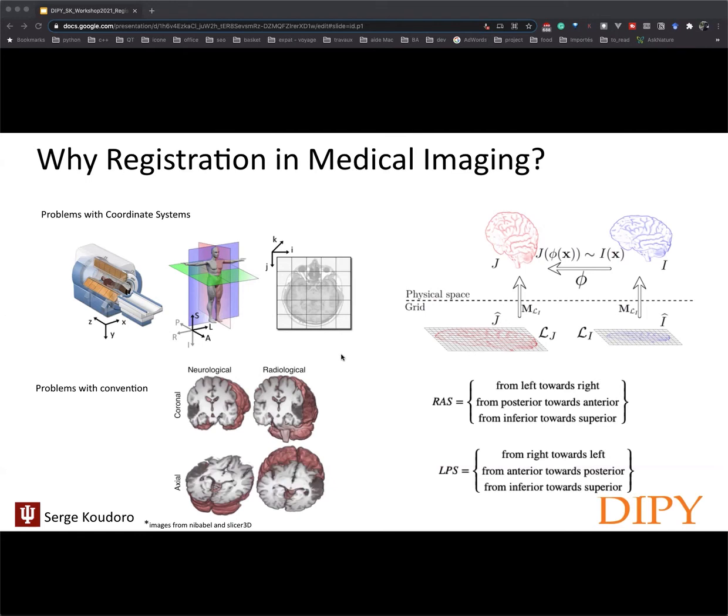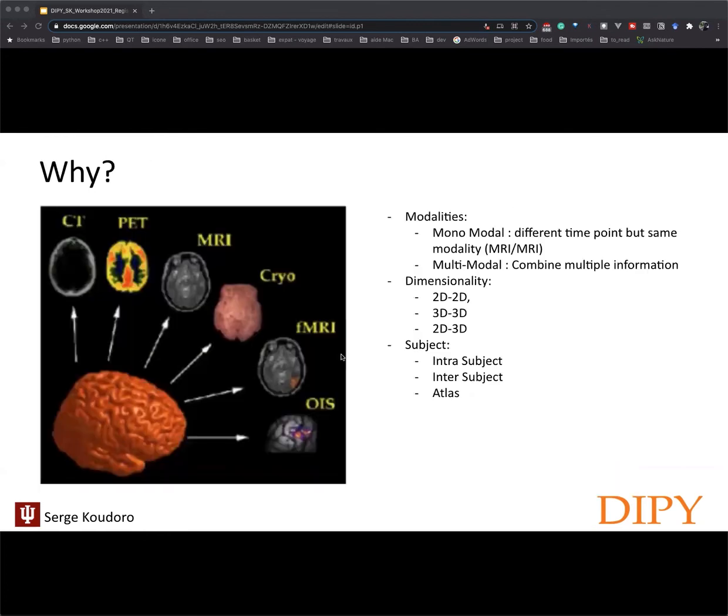Also, there are other factors that we need to take into consideration if we want to normalize our data and compare them. There is, for example, the modality. In medical imaging, we have many different modalities: CT, PET, MRI, cryo, fMRI, OIS. We might want to compare them to combine multiple pieces of information.